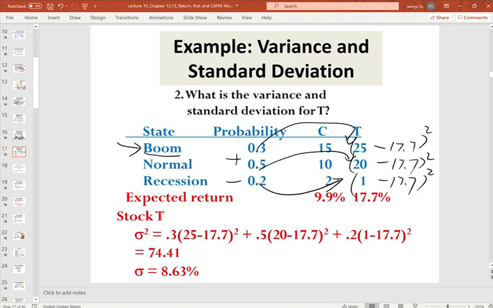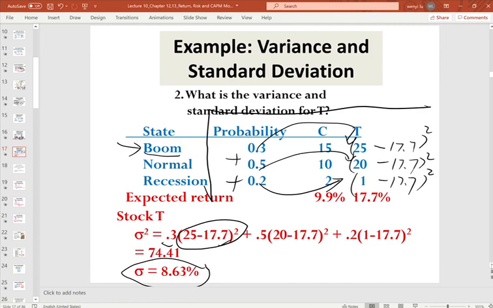Now we add them up. After we do the summation, we take the square root, and that will be the standard deviation. We will show this in more detail in the Excel sheet I will post with the videos. In the Excel tutorials, I will show how to solve it in more detail: probability times the difference squared, then do the summation, which is the variance.